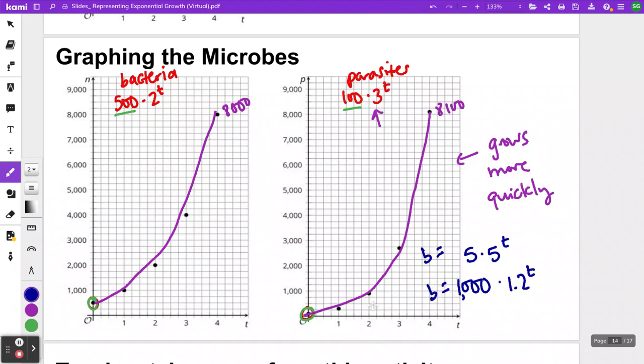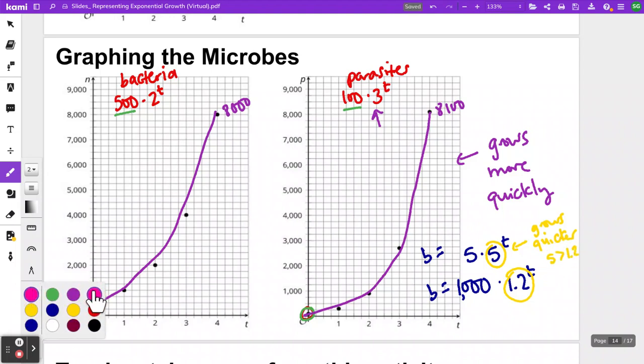If I asked you which one of these is growing more quickly, do you have an idea? Well, to know which one's growing more quickly, I'm looking at that growth factor. So I'm comparing these numbers. And so this one here would be the one that grows quicker. I know that because 5 is greater than 1.2.